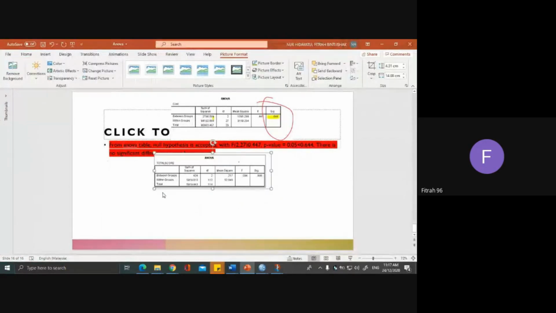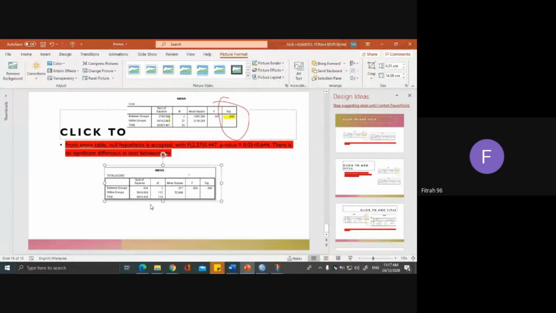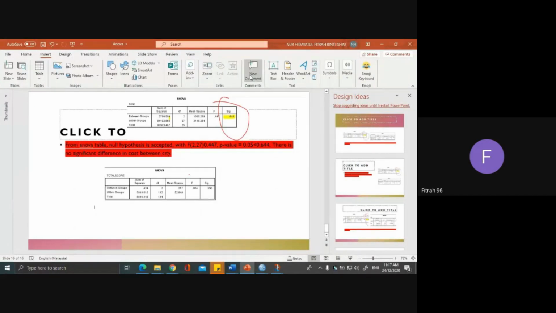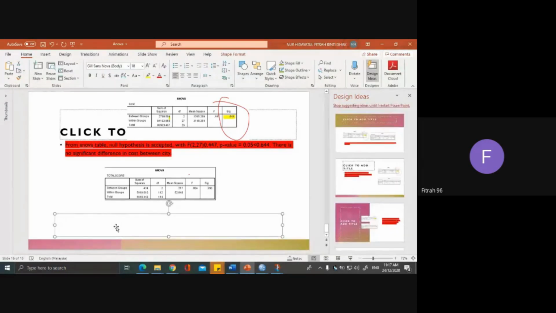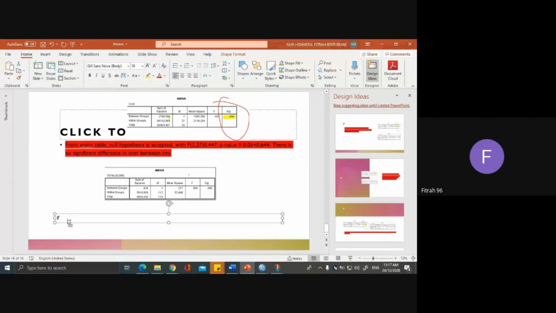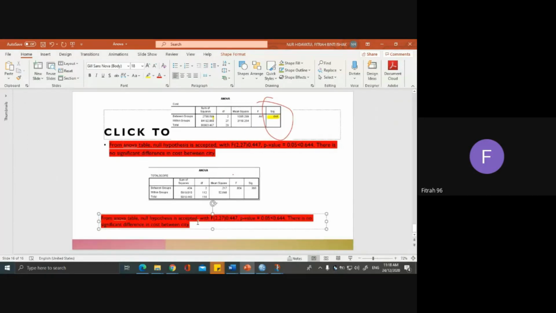And the second one is here lah. Okay. So, kita cakap ANOVA table. Kita ulang balik ayat dekat atas ni. Okay. And then the null hypothesis is accepted. Maksudnya tak ada significant difference. With frequency degree of freedom 2 and 12.